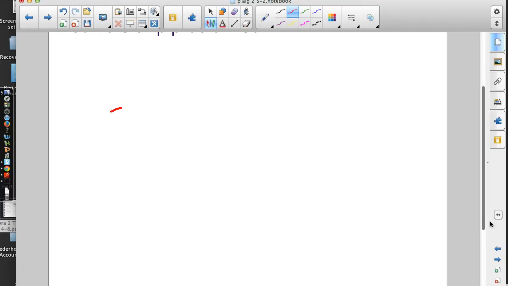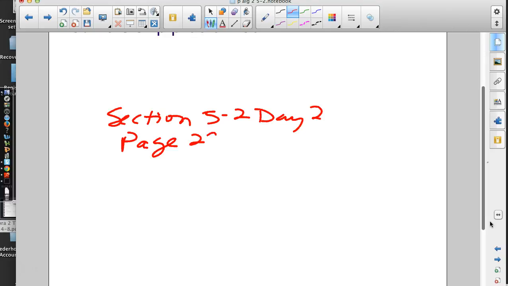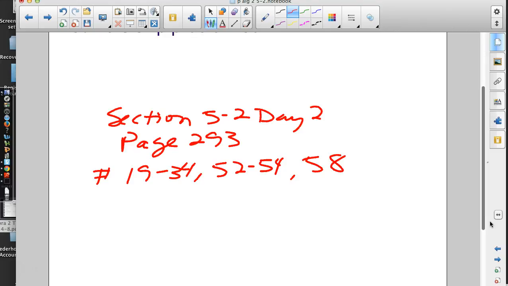We're going to do Section 5.2, Day 2, page 293, 19 to 34, 52 to 54, 58, and then, because there aren't any good examples in your book, remember when we did the write the polynomial function of least degree?